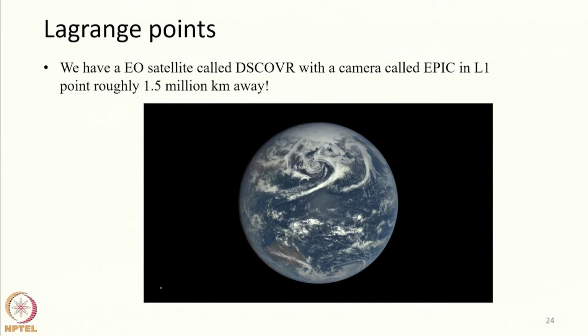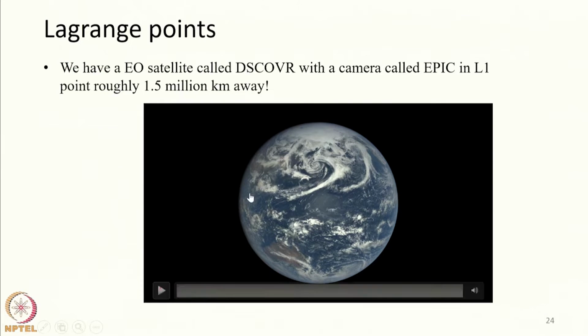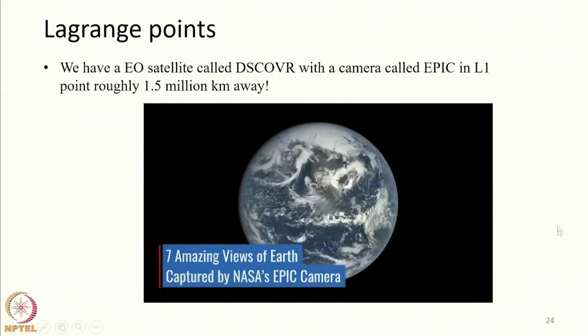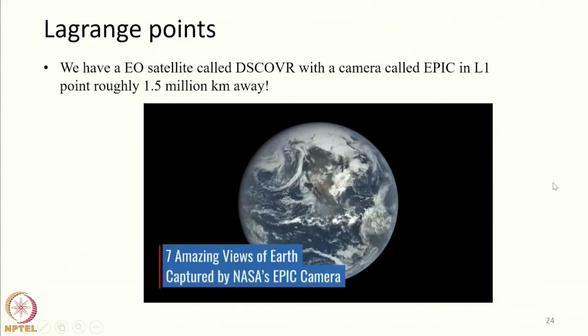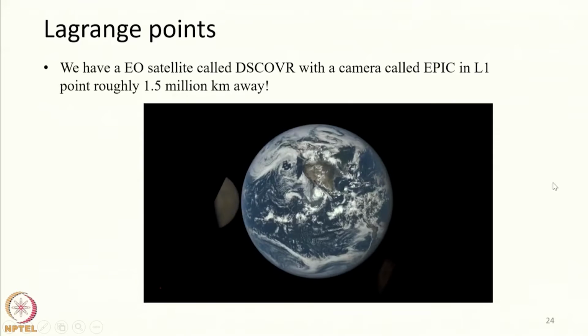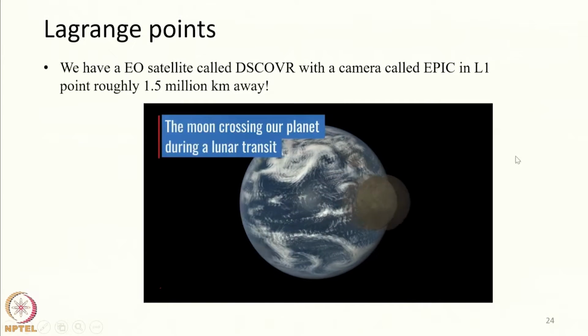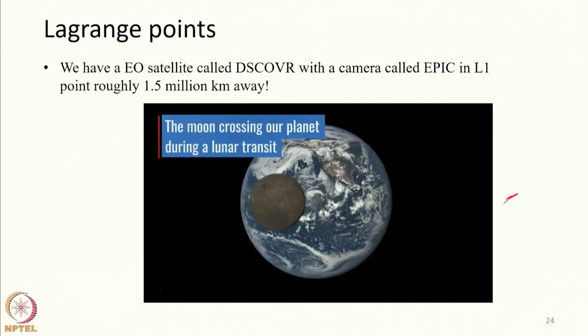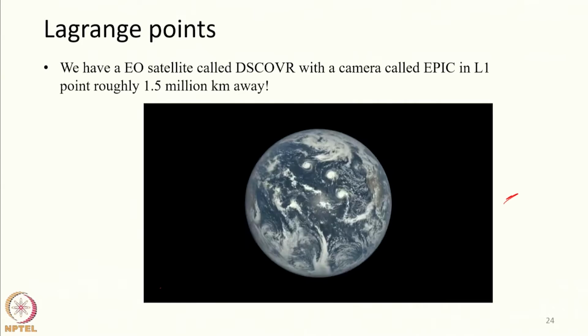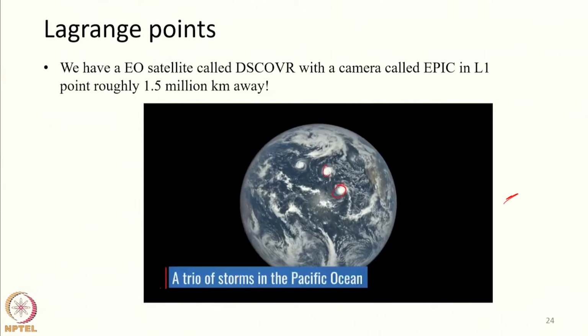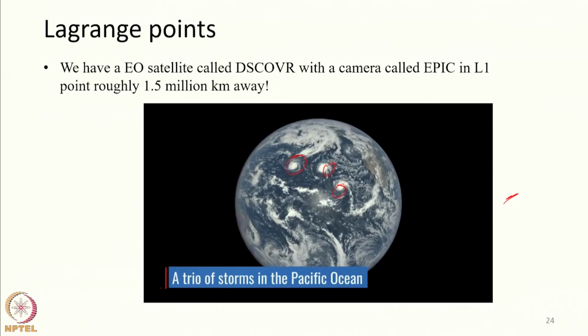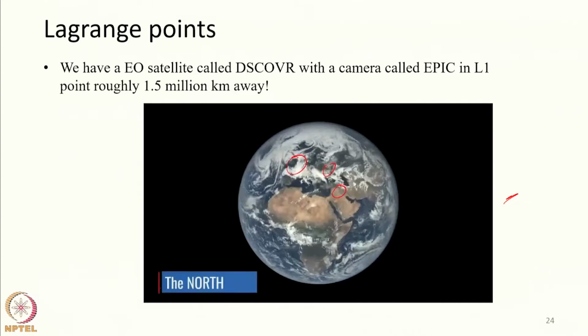I will just play this. This is how that EPIC camera sees the Earth. This is when the moon crossed over the Earth, and the EPIC camera captured it. These are 3 cyclones at the same time in the Pacific Ocean, captured by this camera.